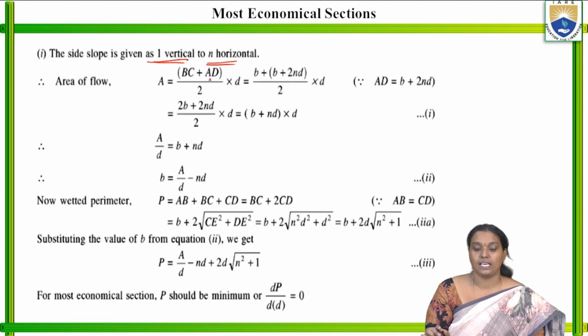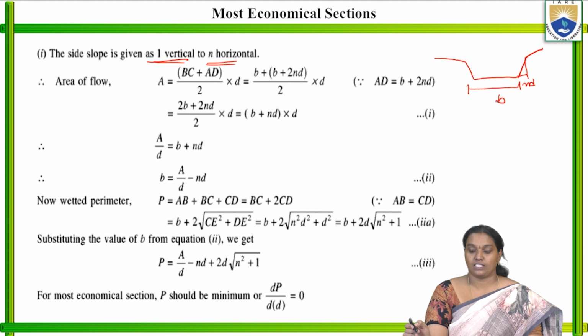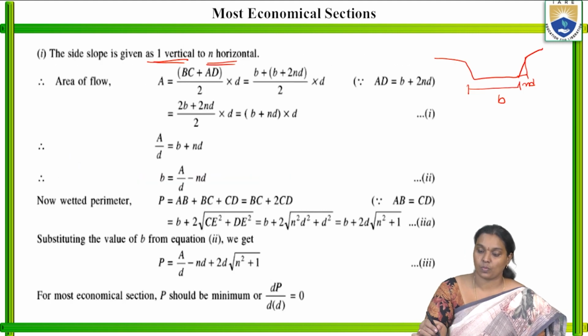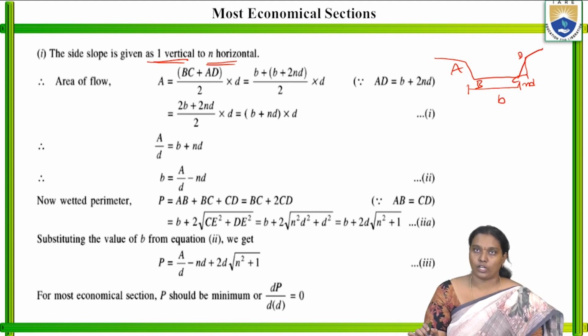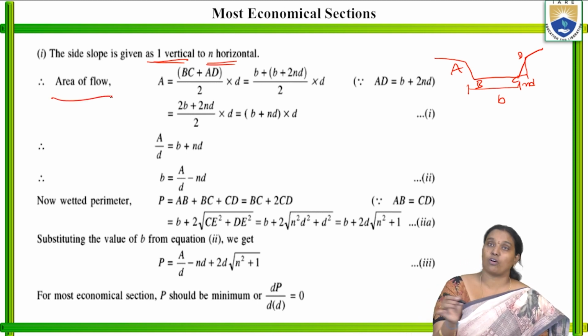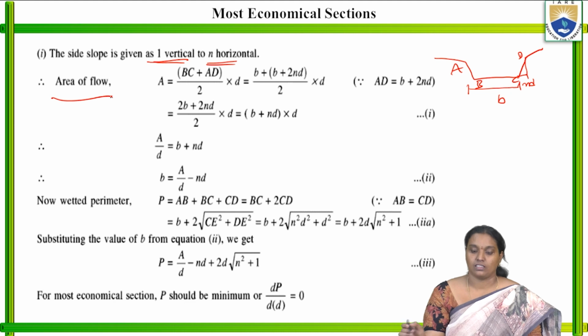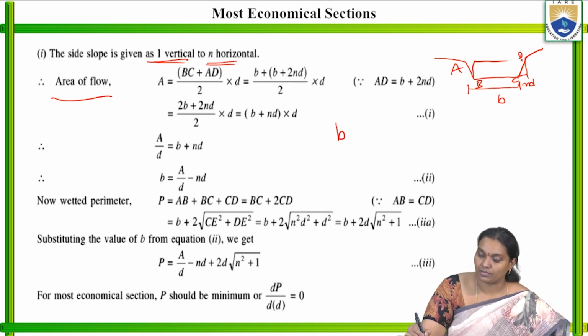So we know BC is b. This is our trapezoidal channel section, A, B, C, D. So BC plus AD by 2 multiplied by the depth of the flow gives the area of the trapezoidal section. Here this is b.